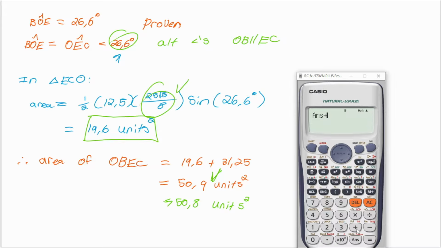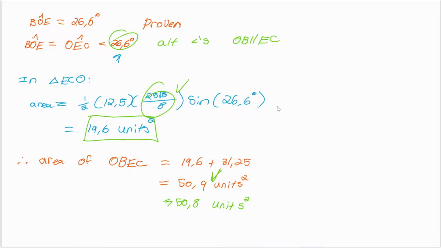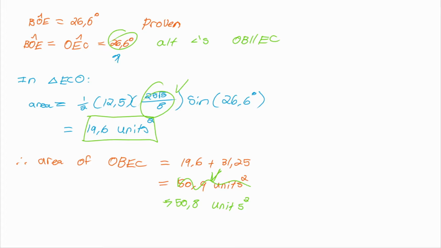I should say this answer plus 31.25, and then I'm going to be getting 50,8. So this answer, I really do hope they would mark it right, but technically I did round there. So this should be the answer. So don't round here.